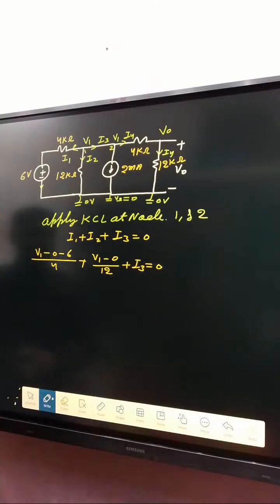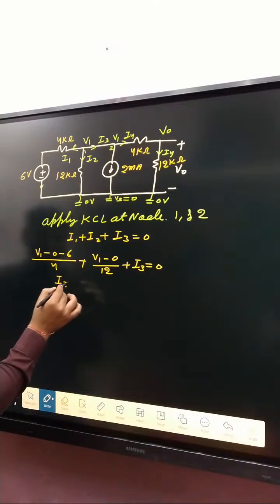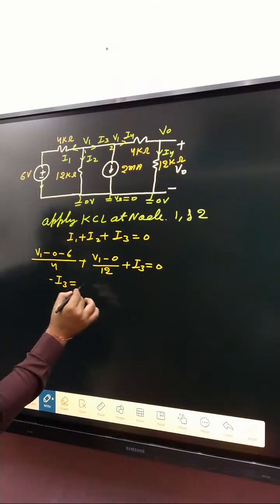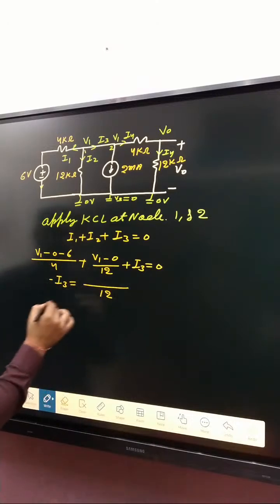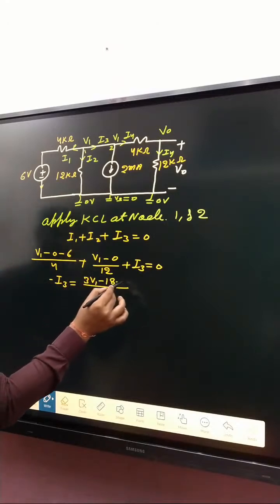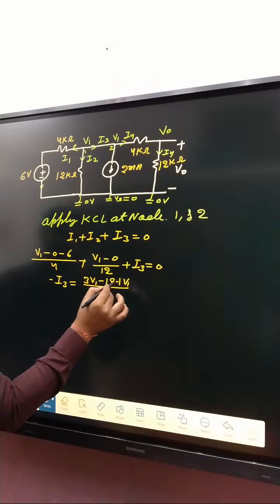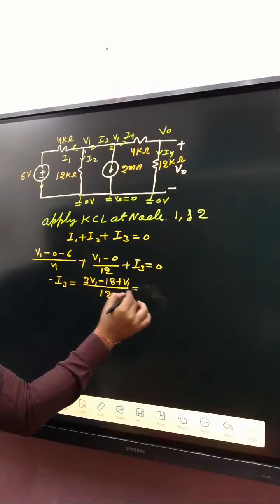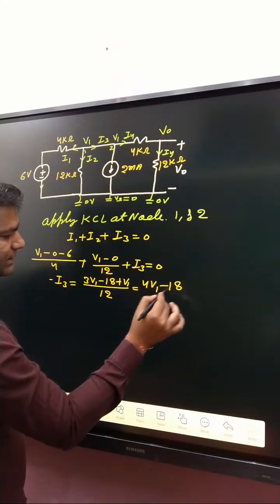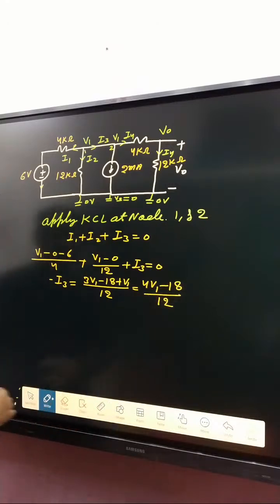If we take the LCM, then we get 12 multiplied by 3 V1 minus 18 plus V1, that is 4 V1 minus 18 divided by 12.